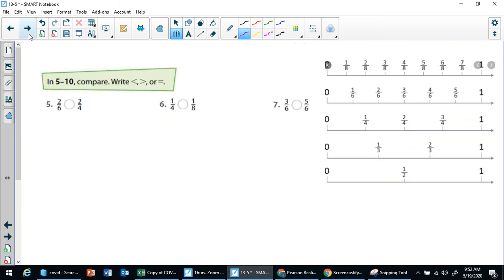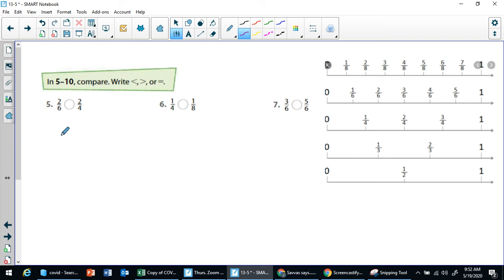Okay, we are now moving on to the final page. And once again, boys and girls, in your packet, you are not given the fraction strips or the fraction number lines. I just thought this would support you. I totally understand that some of you might not need that, but it's there if you do. So we are only going to do number 5, and then I want to see how you do on the rest.